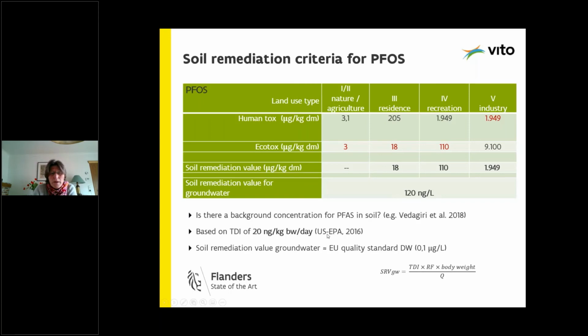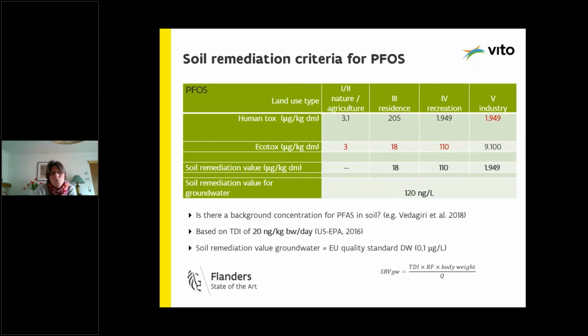What's also important to note here is that the human tox-based values are based on a calculation using the tolerable daily intake of 20 nanogram per kilogram body weight per day, which was published by the US EPA in 2016. At the time these calculations were done, the European Food Safety Authority had only published provisional values, so that's why the US EPA values were used.